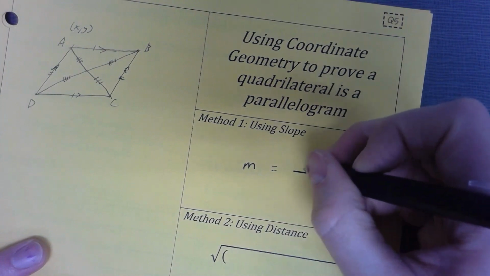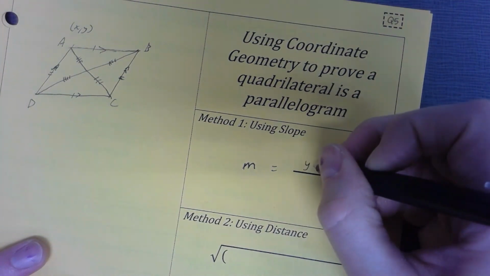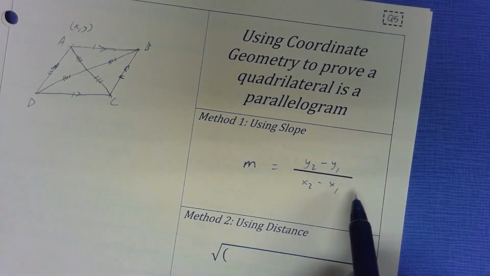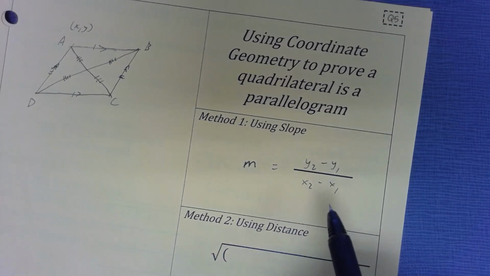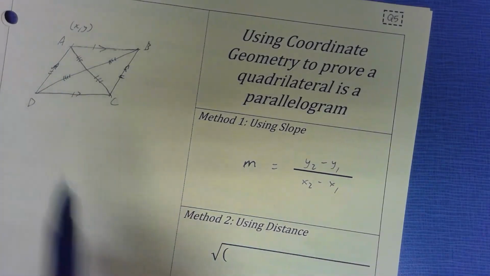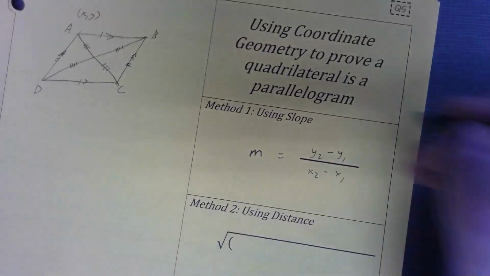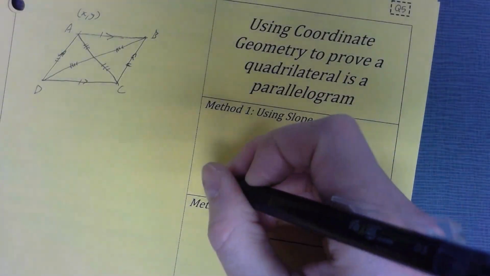So we're going to subtract our y's, y2 minus y1, over x2 minus x1. So this is finding the slope between 2 points. Then we'll do the same thing for a second pair of points and verify that the slopes are the same. So same slope means parallel.